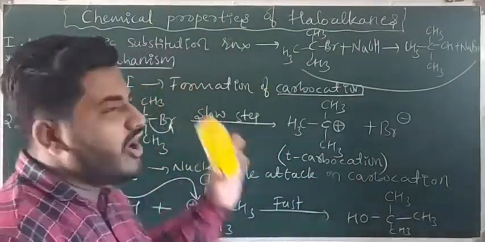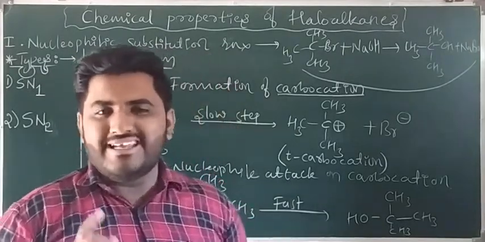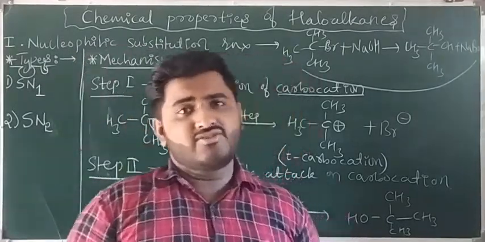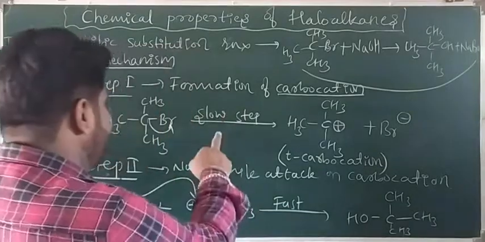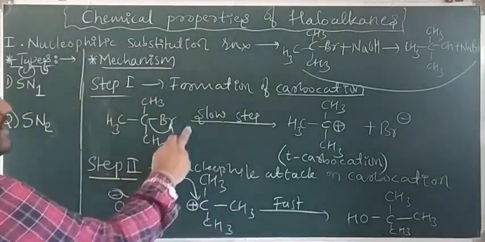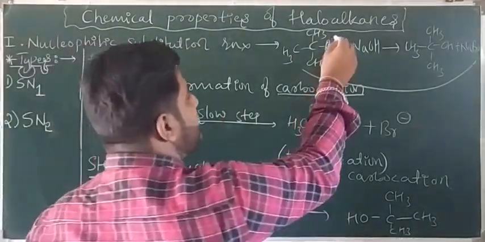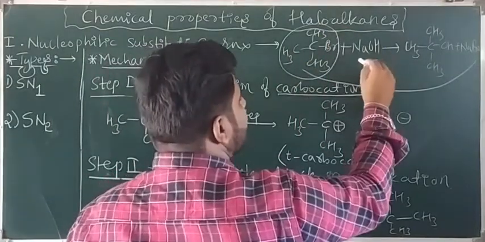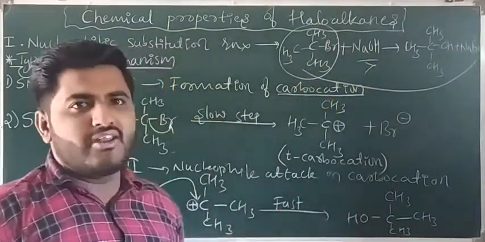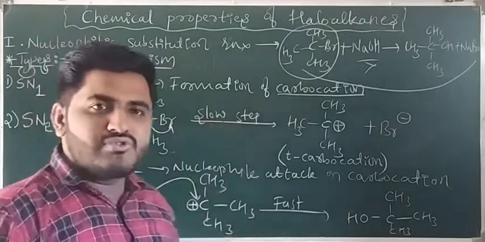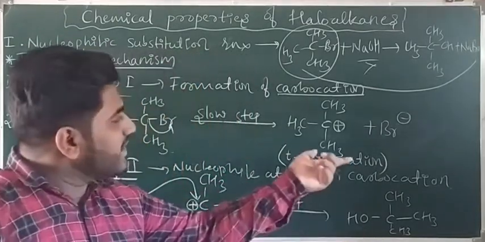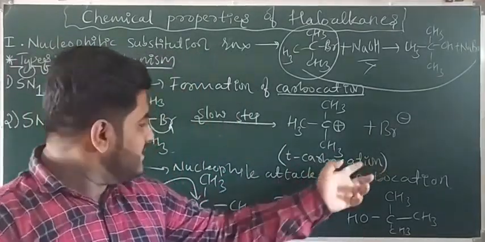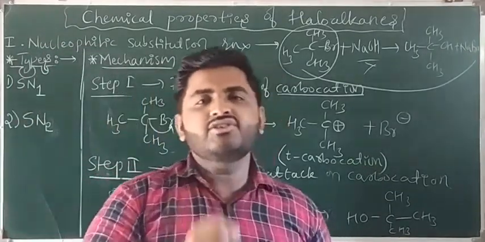By looking at all this data, we can conclude that SN1 reaction is a first order reaction, because the rate of the reaction depends only on the tertiary butyl bromide, not on this one. Therefore, this is a first order reaction. It involves two steps in the mechanism. It involves carbocation formation. And it is retention of configuration.